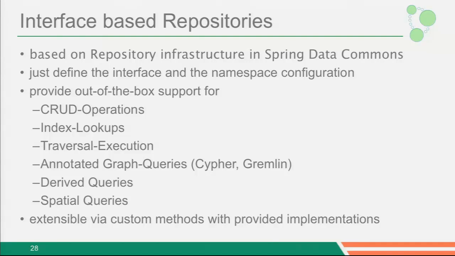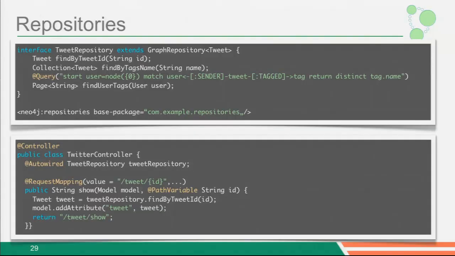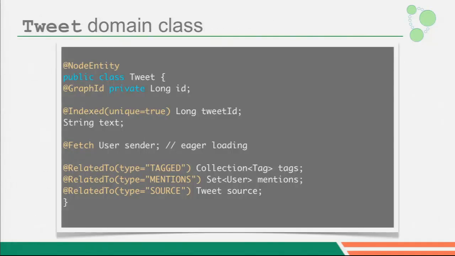So you can call all these operations on the interface. But then you're also able to extend this repository interface by custom methods, either by methods which, similar to Rails finders, are parsed from the method name and the actual meta information that exists from the actual class.